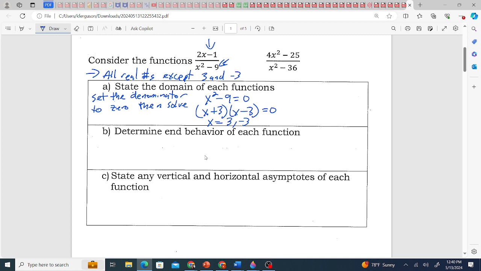So then we talked about end behavior, determining end behavior. So we look at our function. And when we look at our function, we remove the constants and simplify.